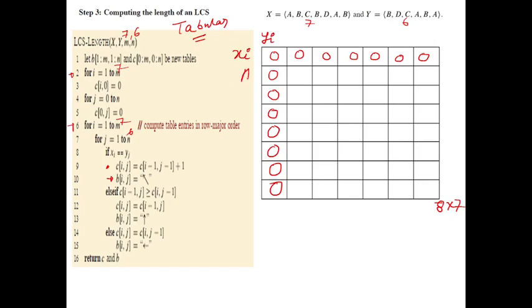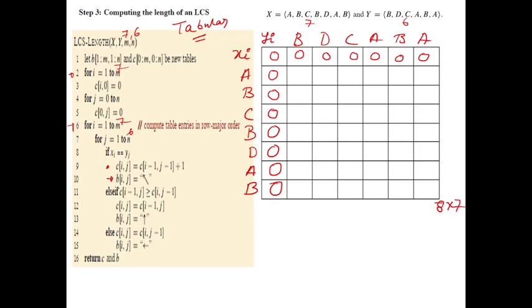This is my first string, which is X: A, B, C, B, D, A, and the second one is Y: B, D, C, A. And then here, because it's a tabular thing, this is the main table which will calculate the cost, and then you need a direction, which direction my recursive algorithm will move.